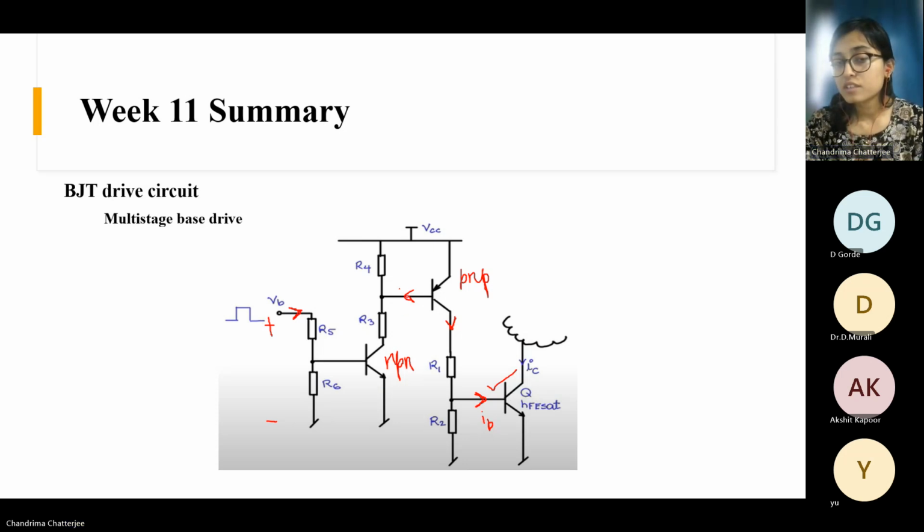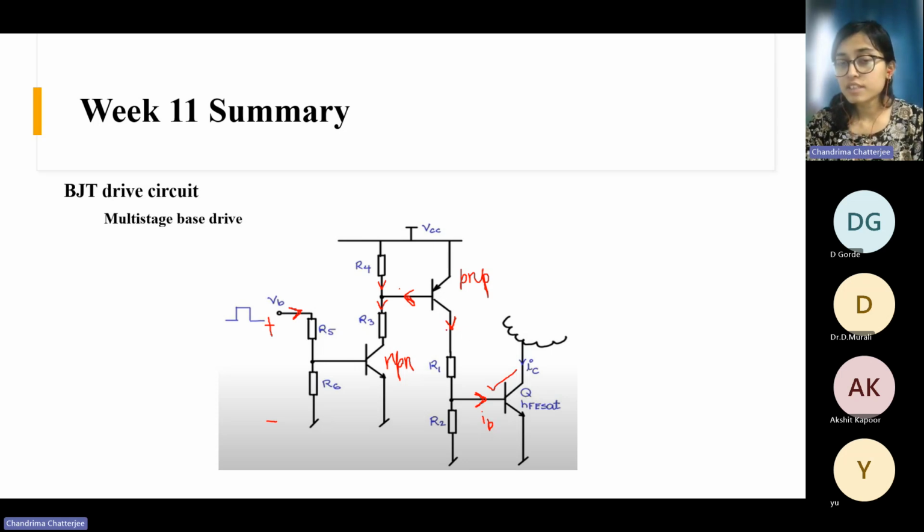Again, some current will flow here and come like this. So unless this is on, there will be no path for the current to flow in this direction. If this is on, then the current can flow like this.